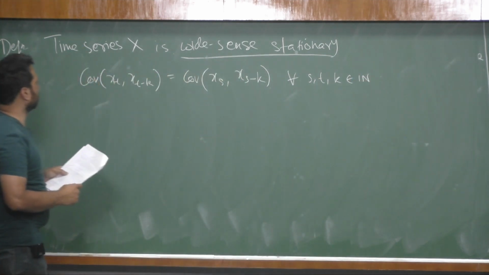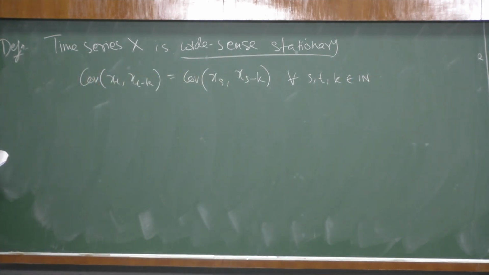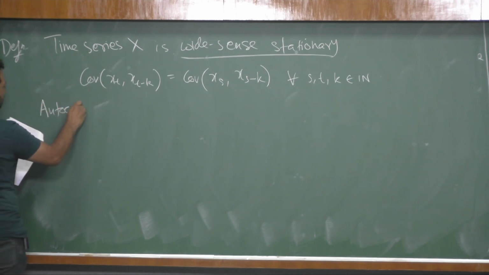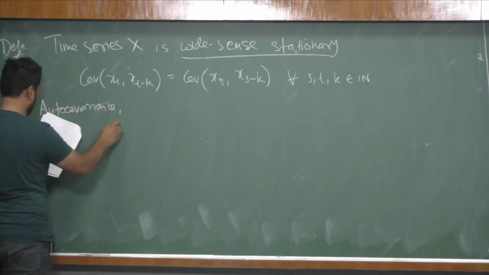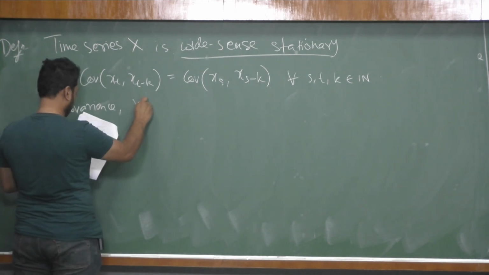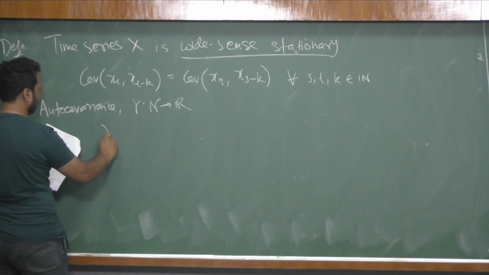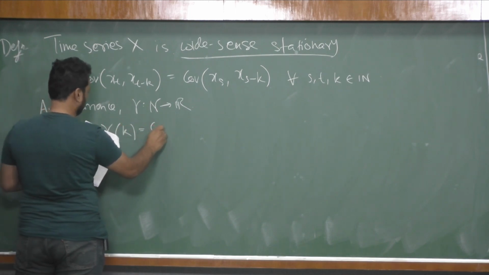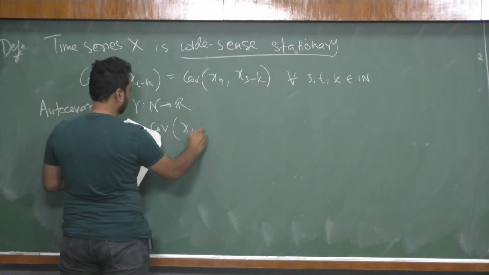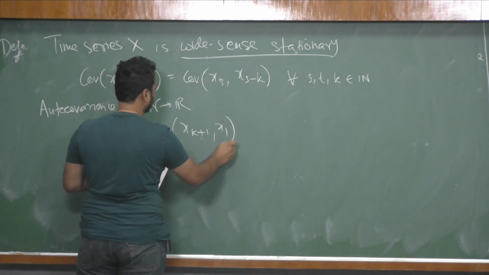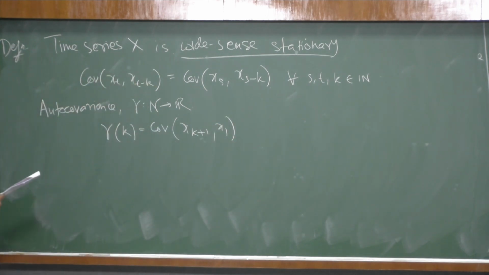Okay, this is how we define wide sense stationary, and in this case we also define the autocovariance function gamma that goes from natural numbers to reals, and we defined the autocovariance to be covariance of x_{k+1}, x_1.